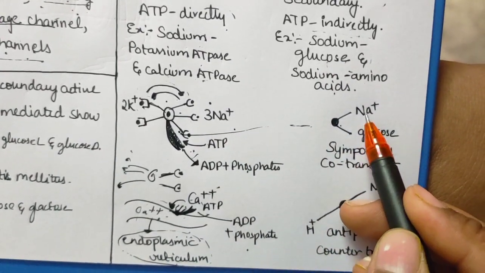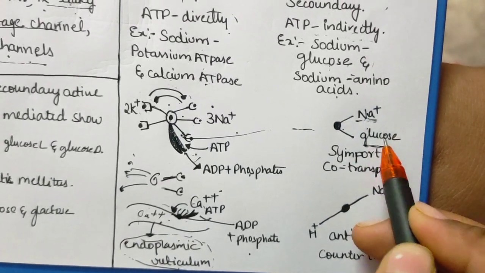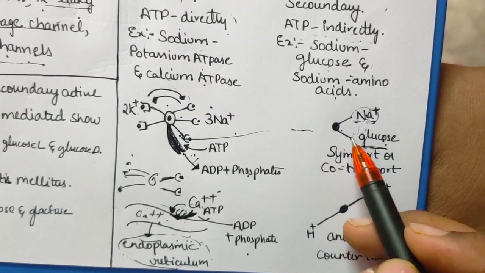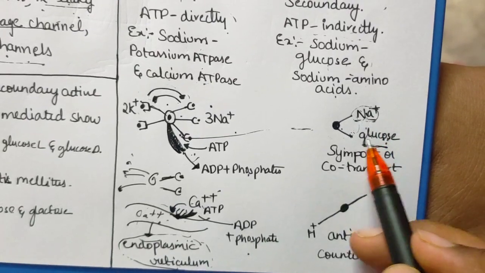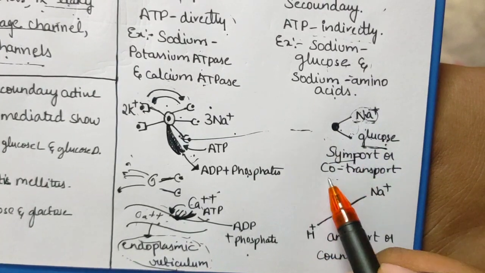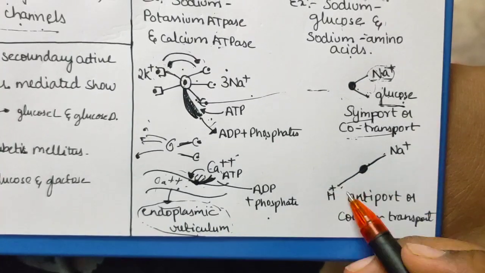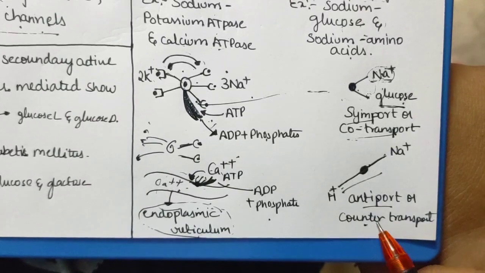And here you can see 2 molecules are moving, sodium as well as glucose. If sodium is not there, then this carrier protein will not take glucose alone. So this type of transport is known as symport or co-transport. Here 2 are moving oppositely. This type of transport is known as antiport or counter transport.